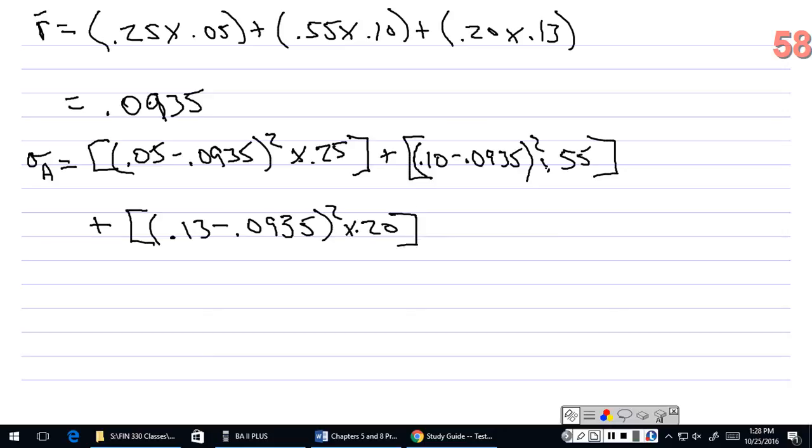I left that out here too. And remember, all of this is under the radical, the entire formula.